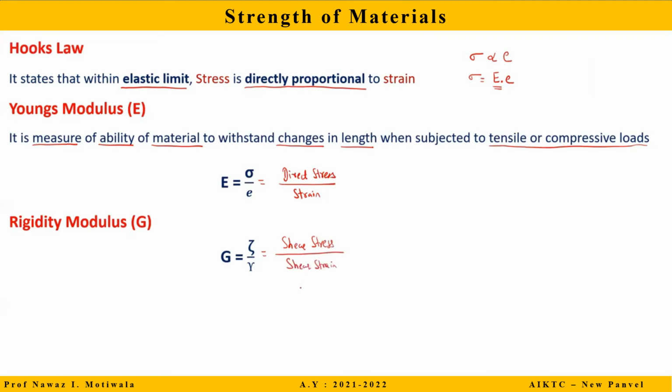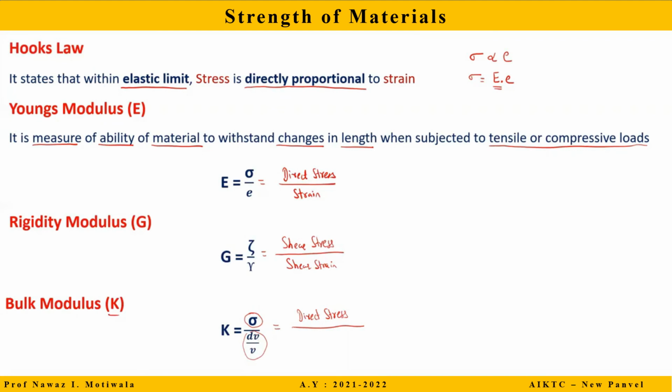Now there is one more constant which is known as the bulk modulus, K, and bulk modulus is given by the ratio of sigma, that is direct stress, divided by dV by V. So if I write in the normal form, it will be direct stress or normal stress divided by dV by V. Here dV means change in volume, divided by volume.